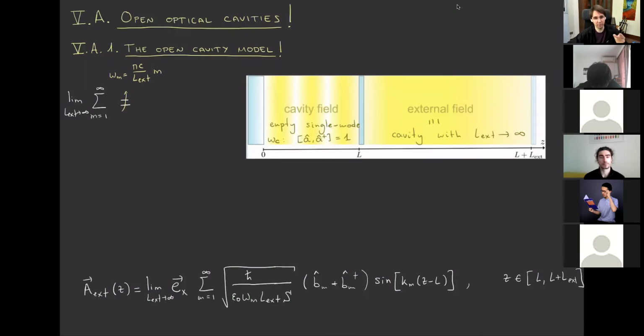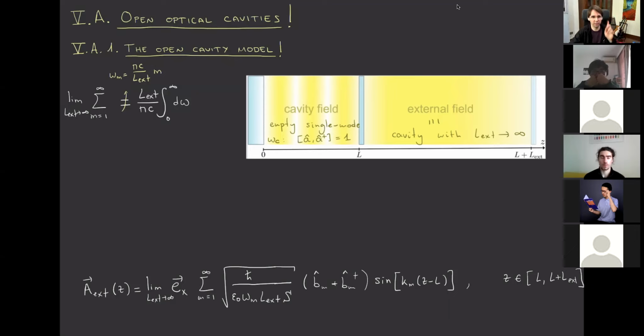And therefore, you can replace the sum over modes by an integration over frequencies, and because the connection between m and omega is pi c divided by L, you will have this factor L external divided by pi c. So whenever we have a sum over mode indices, this is equivalent to doing an integration over frequencies with this factor L divided by pi c.